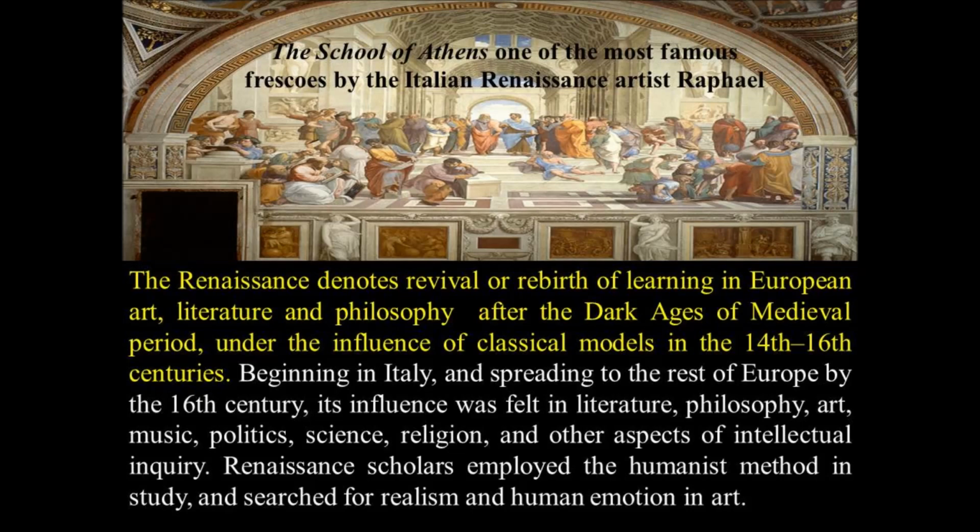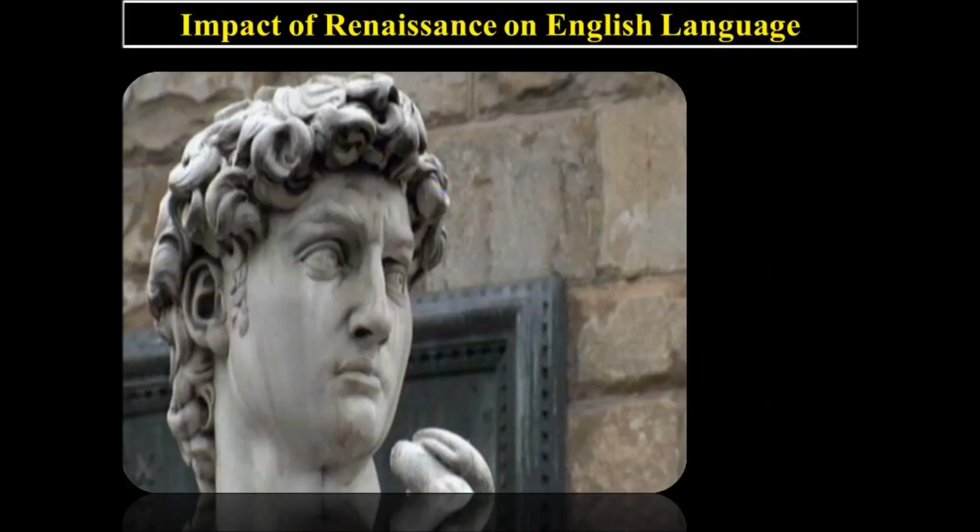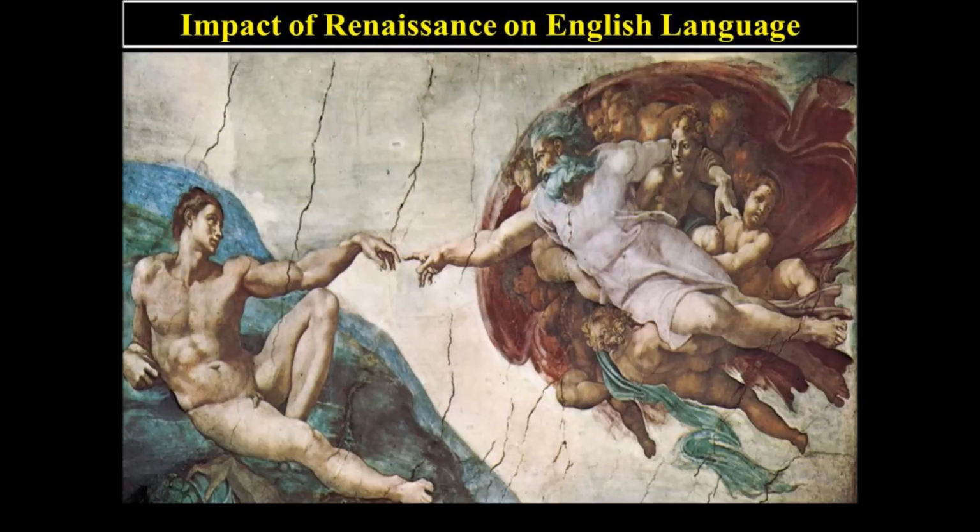Beginning in Italy and spreading to the rest of Europe by the 16th century, its influence was felt in literature, philosophy, art, culture, music, politics, science, religion, and other aspects of intellectual inquiry. Renaissance scholars employed the humanist method in their study and searched for realism and human emotion in art.